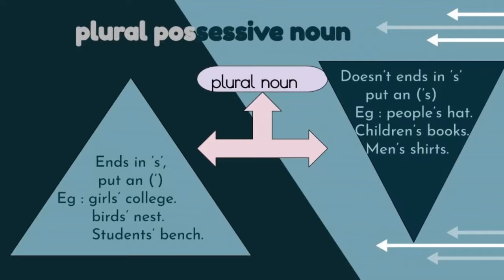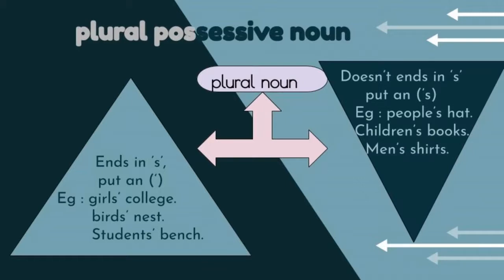The first one is people's hat. Already we know that people is a plural noun and the last letter is e. So we have to put an apostrophe s after the plural noun. Let's move to the next example. Children's books. So children is a plural noun and the last letter is also not s.